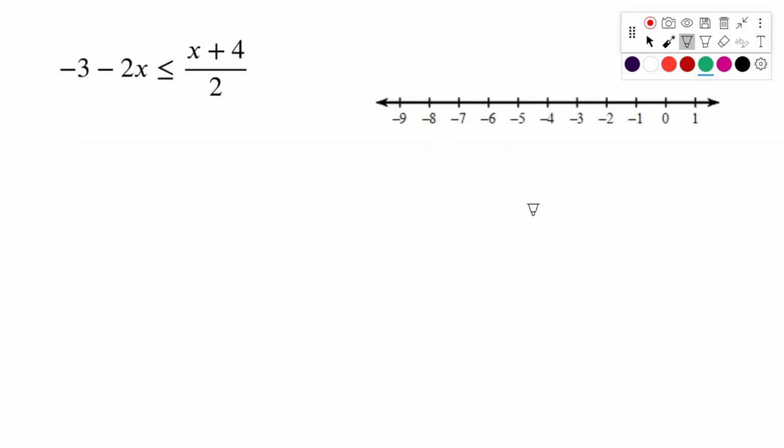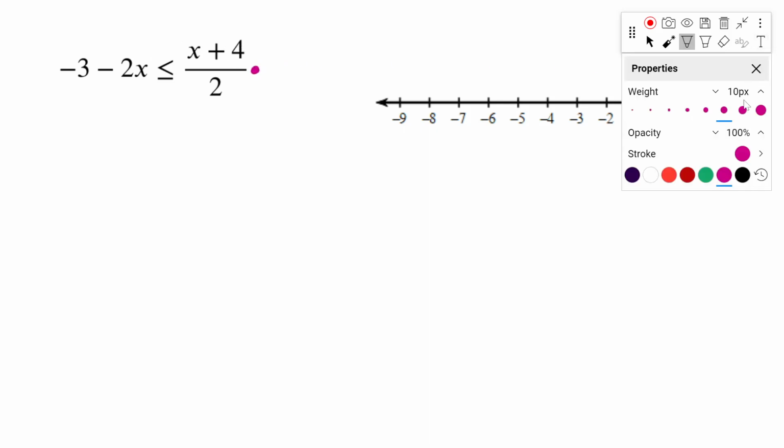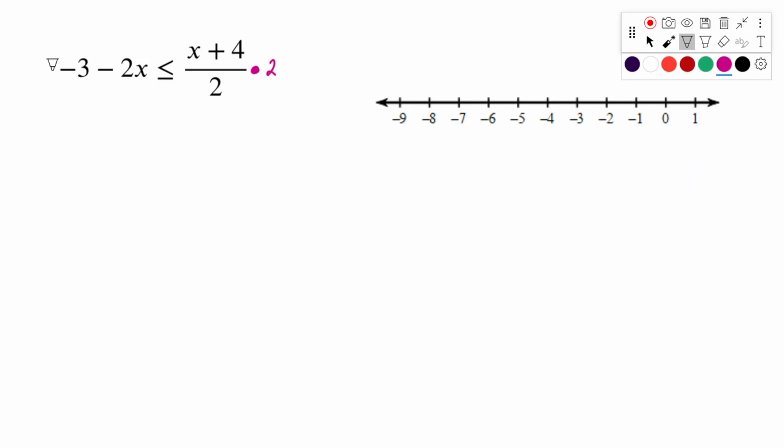Let's take a look at another one. In this particular problem, I have a difference on one side. I have a quotient on the other side. So I'm going to multiply both sides by 2 first to get rid of the quotient. Now when I multiply by 2 on the left side, I need to distribute.